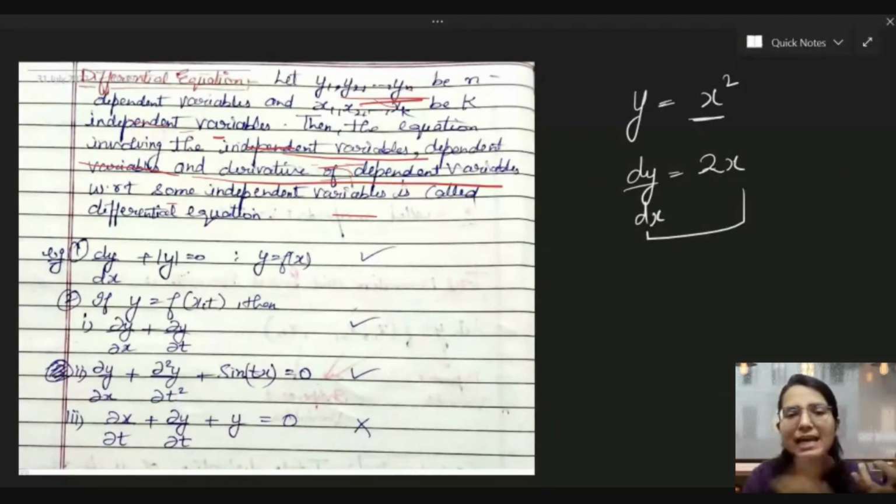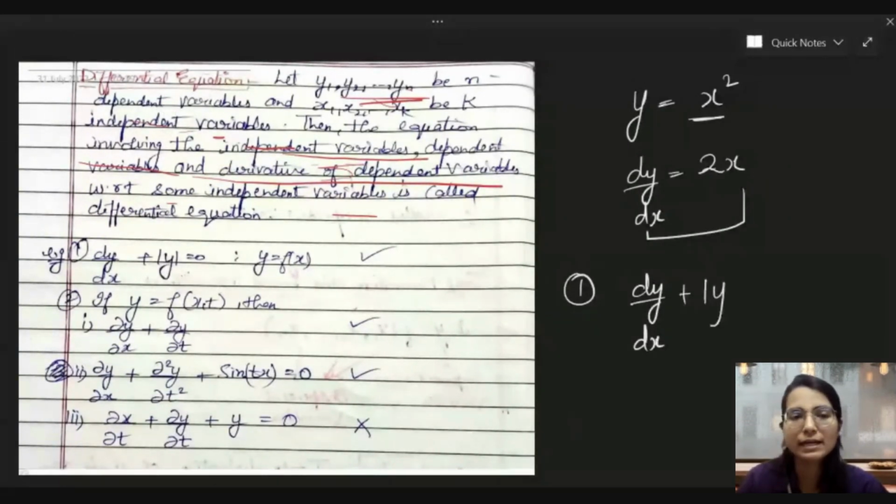It contains maybe n independent variables, maybe k dependent variables, but it should also contain the derivatives of the dependent variables, in this case y, with respect to the independent variables. So for example, the first example I take: dy by dx plus mod y is equal to 0.